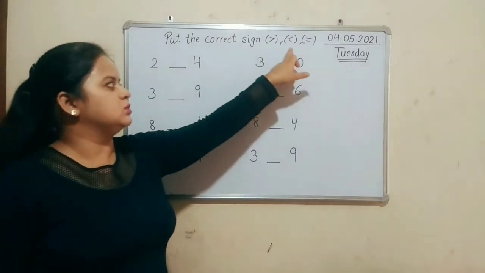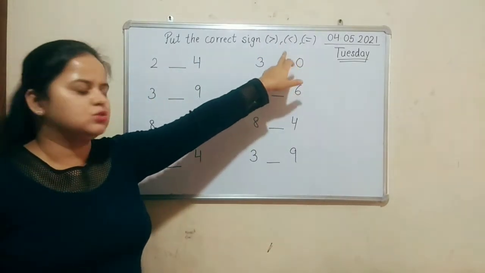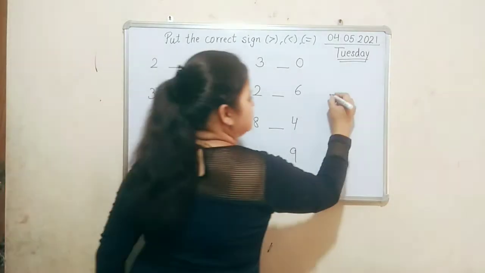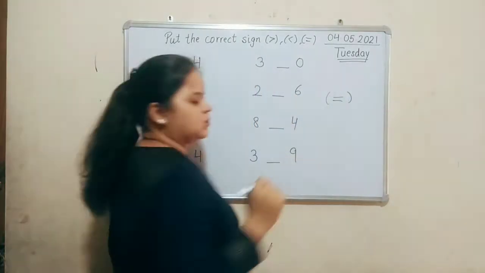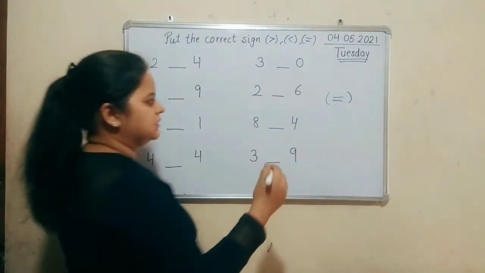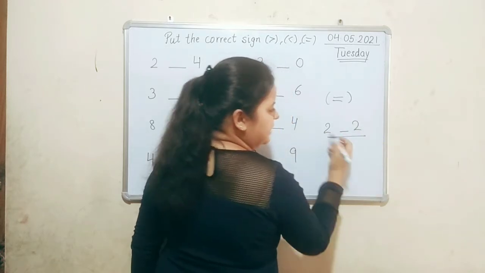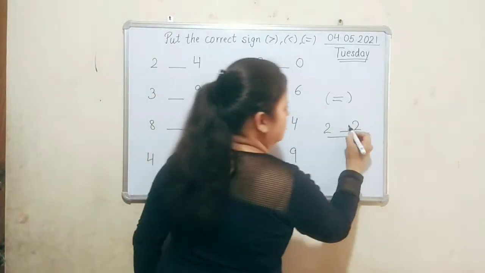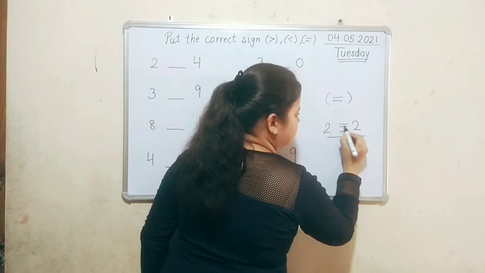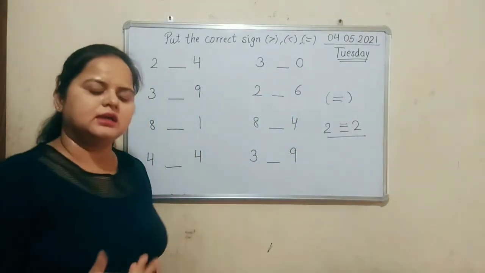Okay, these 2 signs you know about, and this third sign is the sign of equal. Equal means when both numbers are the same, then these are equal. So we have to put this sign for equal.